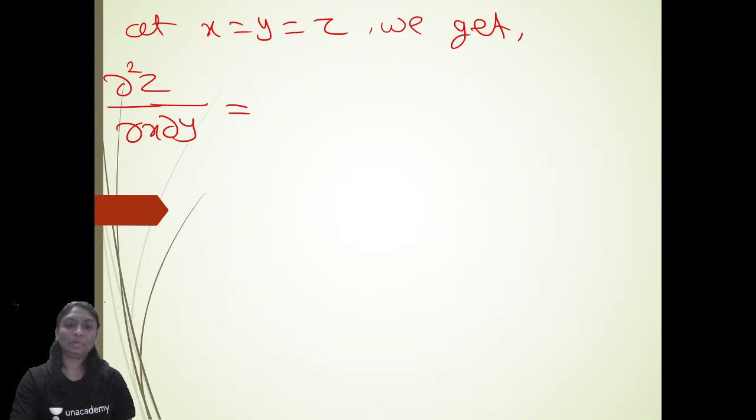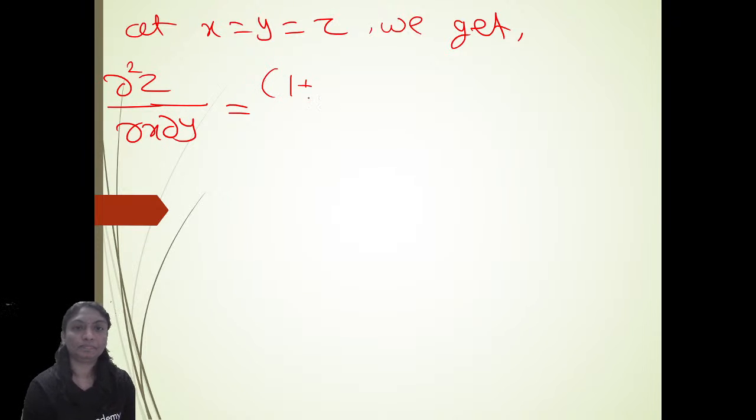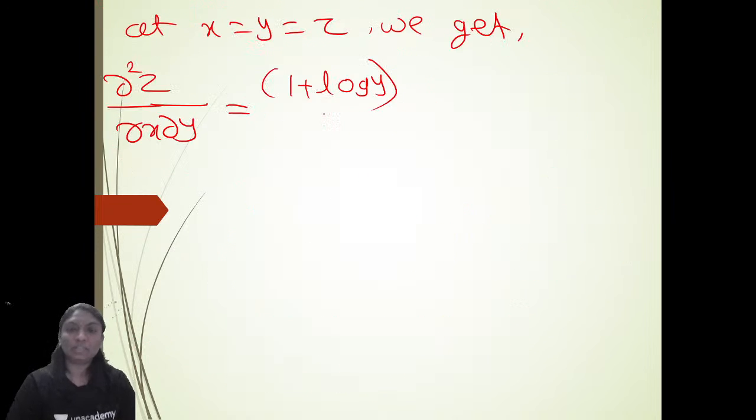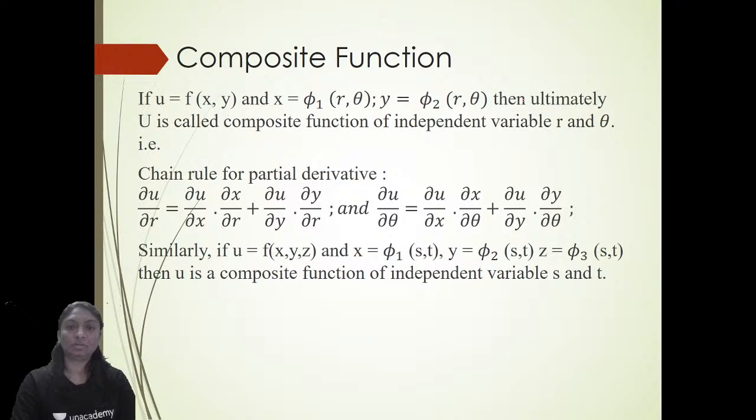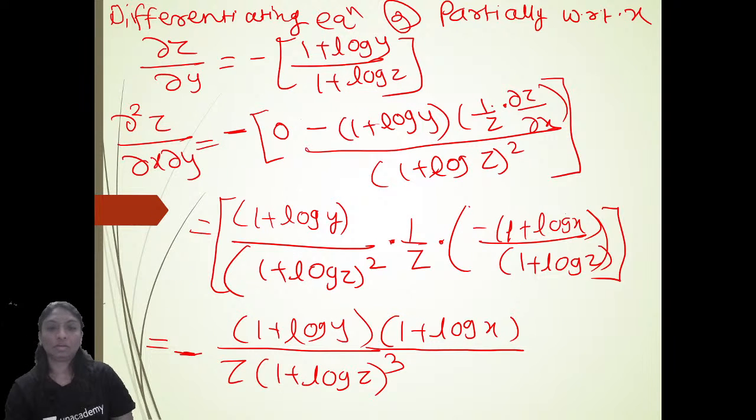So you will get 1 plus log y, 1 plus log y into 1 plus log x into 1 plus log x upon z into 1 plus log z bracket cube.